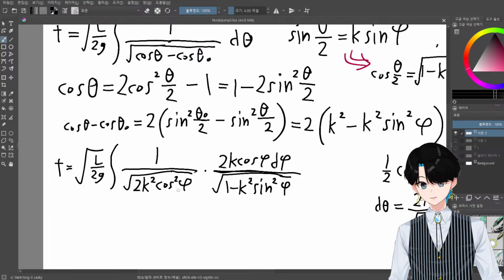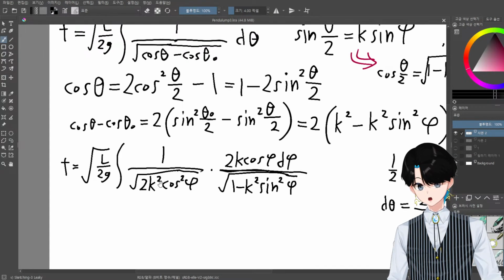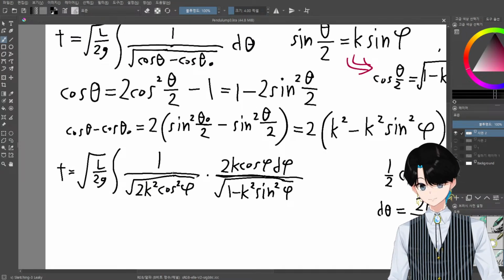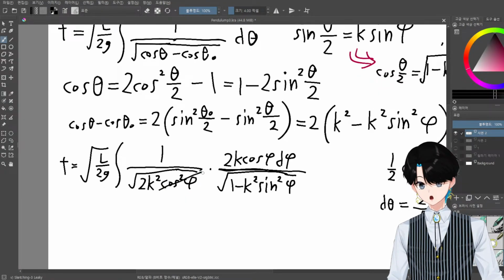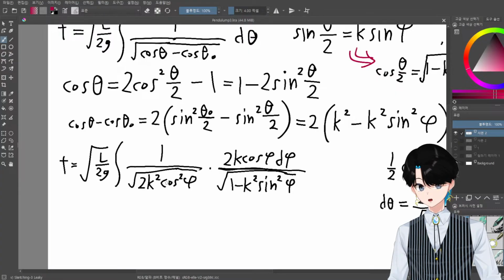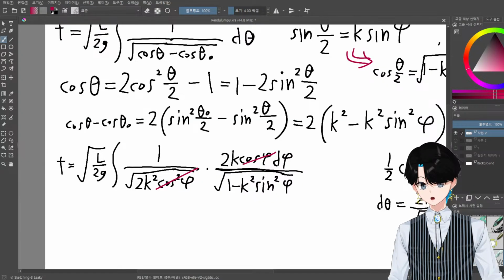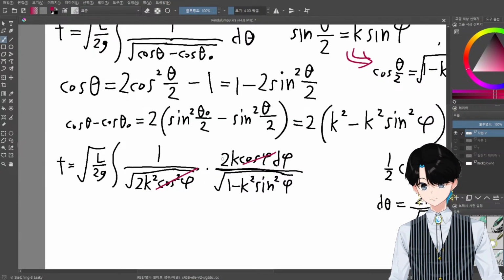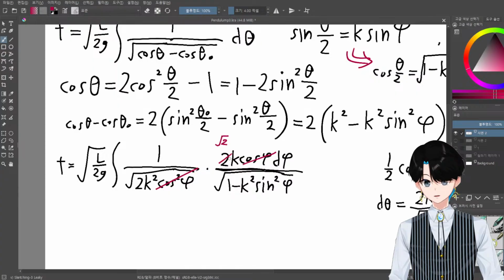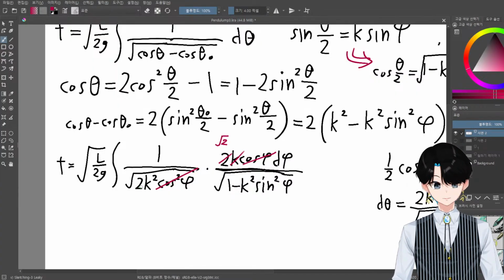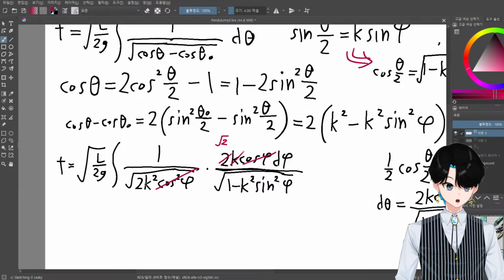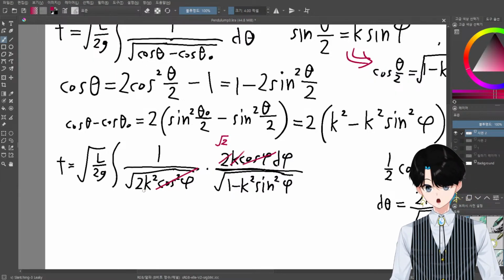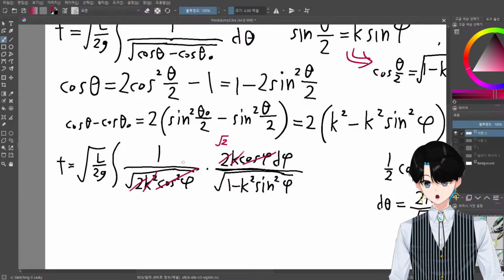Let's see what we can do in here. The cosine squared phi has a root, which is cosine phi, so it can be erased. Cosine phi will go away. There's root 2 and 2, which will turn into root 2. And the root of k squared will turn into k, so k will be all gone.